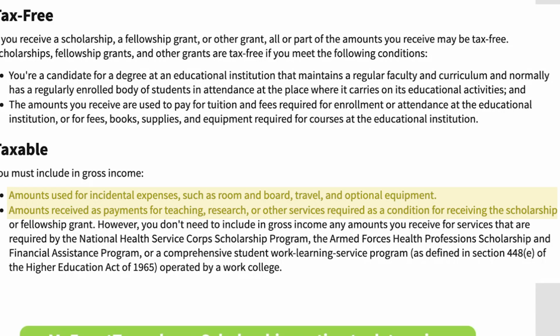And all amounts that are payments for teaching, research, or services, as a condition for receiving the scholarship or grant, are considered to be wages, so they are taxable. Once again, to make the distinction, tax-free if you are a candidate for a degree, and the part of the scholarship that's paying for tuition, books, supplies, mandatory equipment is tax-free. Everything else, we can say, is taxable.